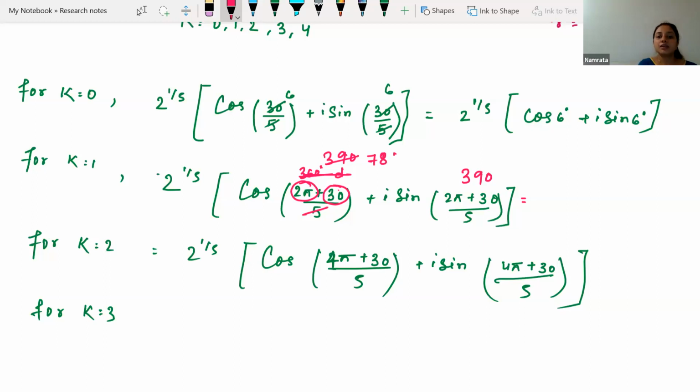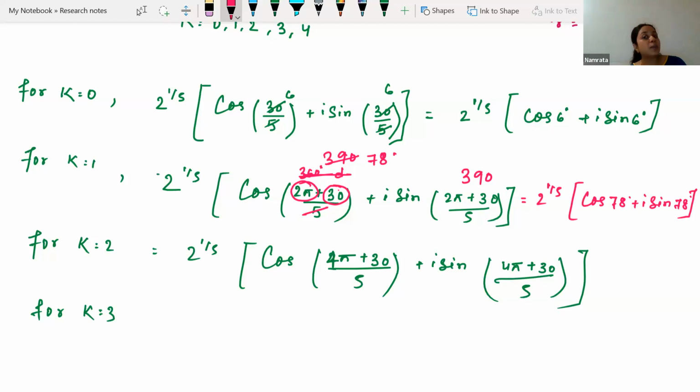So can I write it as 2 to the power 1 by 5, cos 78 degree plus i sin 78 degree? Can I write it like this? This is how we will be getting it.